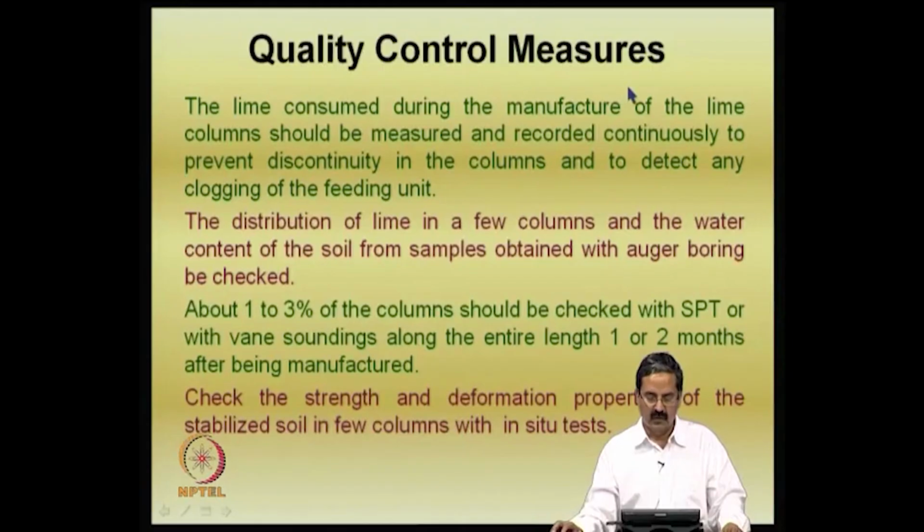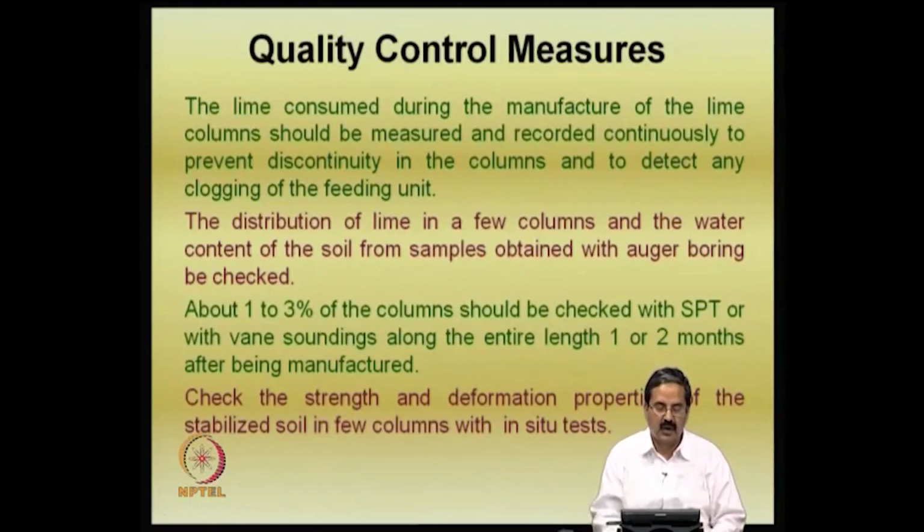There are certain quality control measures one should do, particularly in this lime column arrangement. The flow, I mean how much lime is coming into the material should be measured, and sometimes there could be a problem, since it is a chemical material, the continuous flow, the material should be cleanly coming into the particular column, and then you just put it and compact it, and then finally it forms a column.